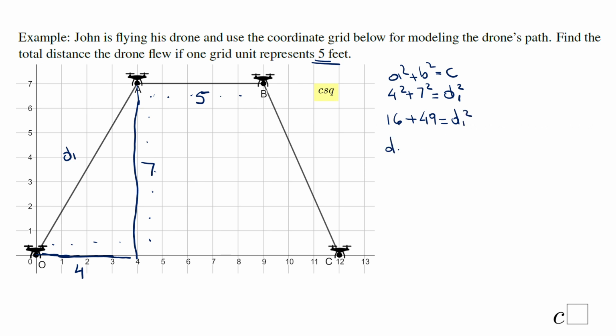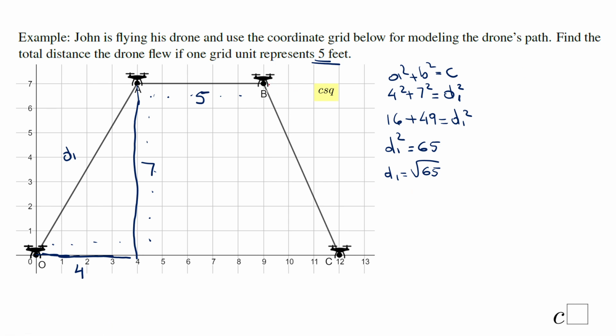So D1 squared will be 16 plus 49, which is 65. So D1 will be the square root of 65. It cannot be simplified. We can evaluate it at the end if you want. But let's take a look at the last part of this problem.